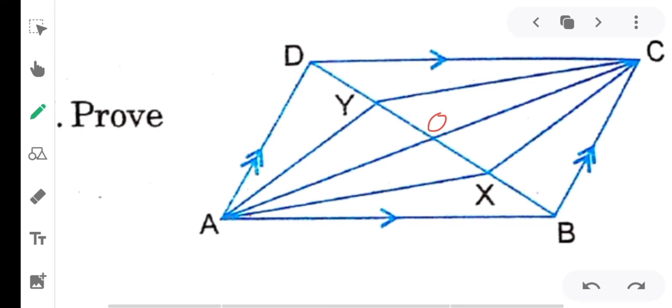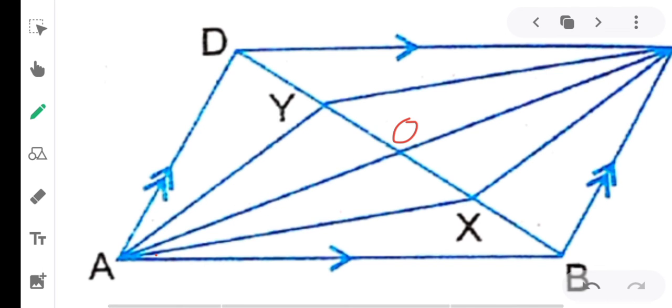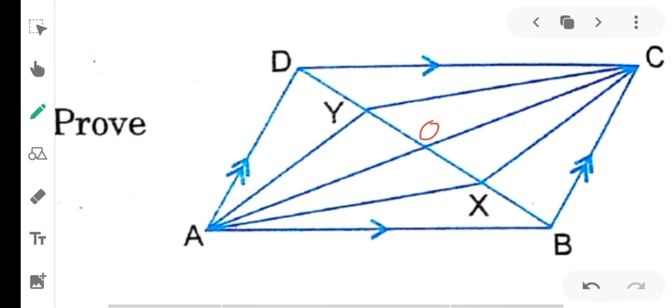Clear? And angle COY and angle XOA are vertically opposite angles, right?